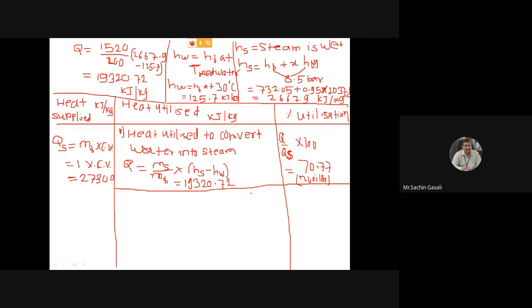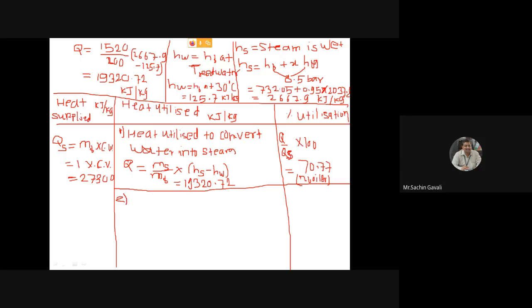Everybody understand? Suhas, Gaurav, okay. Good. Then efficiency is 70.77. Now the second part. What information of which loss have they given?